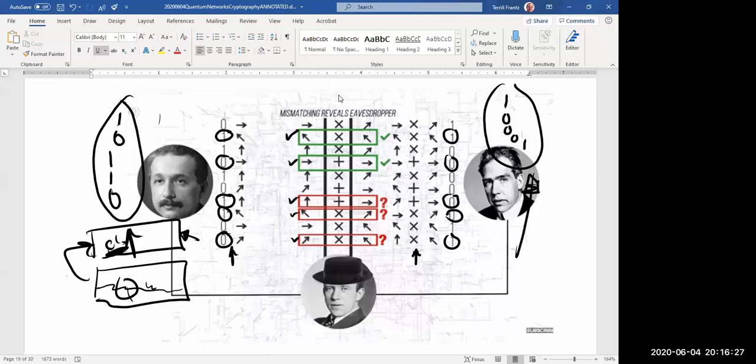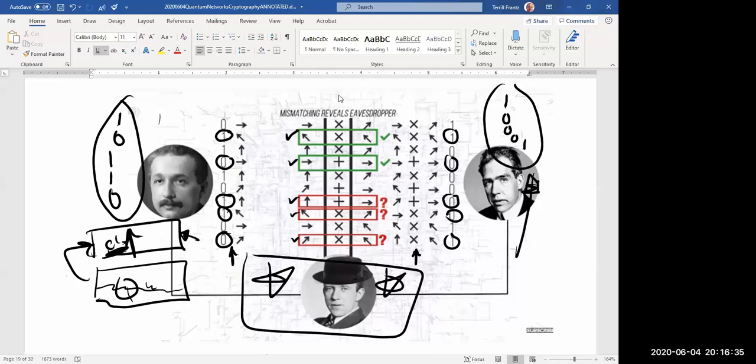But, you know, this is huge. The fact that you can know that there's a man in the middle. Right now, without this process, you don't know if you're being hacked, essentially. With this process, you do know.